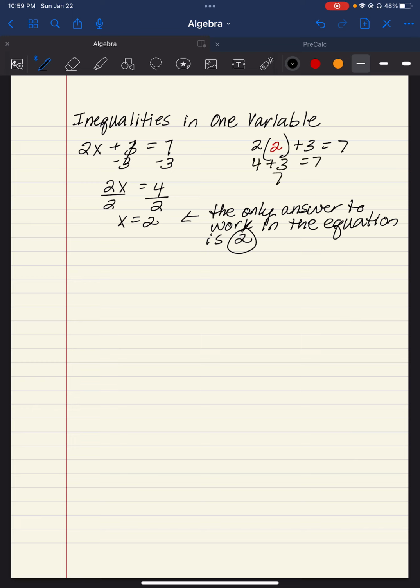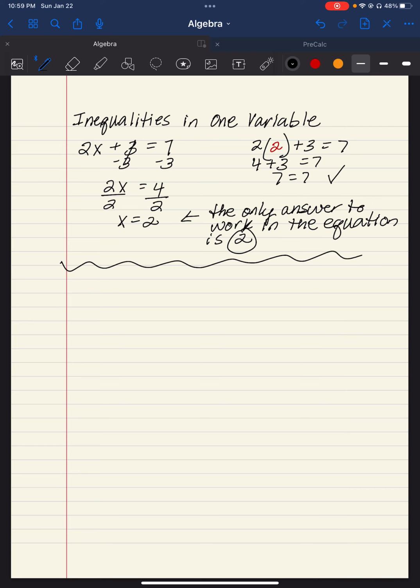Does that equal 7? 7 equals 7. 7 equals 7 is a proof that when we plug the number 2 in, we get two sides equal to each other. And that's a check to prove that 2 is indeed the only value for x that will work. If we put any other value in, it would make this statement false, not true.